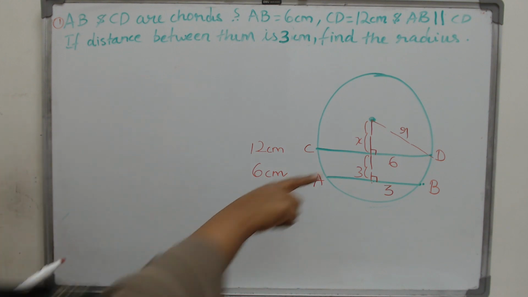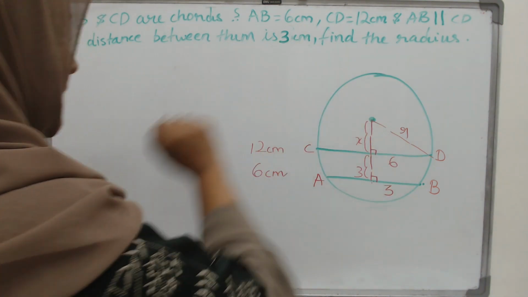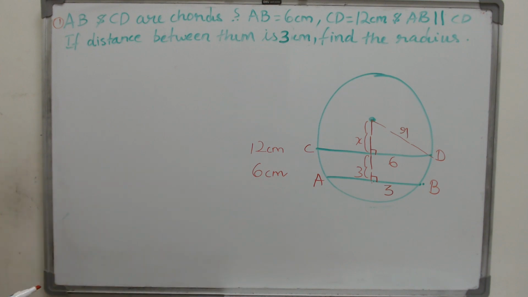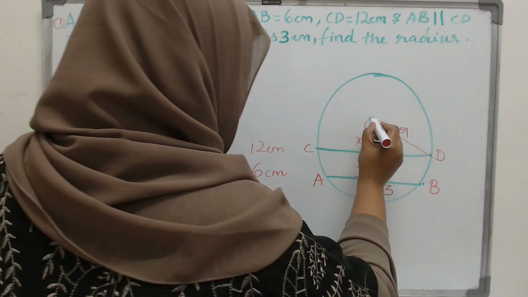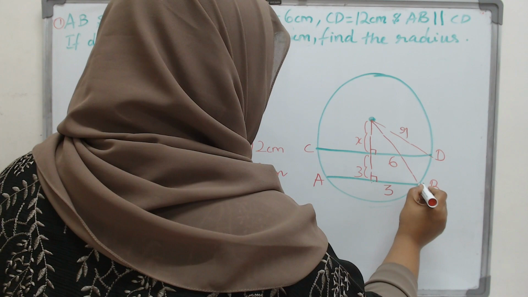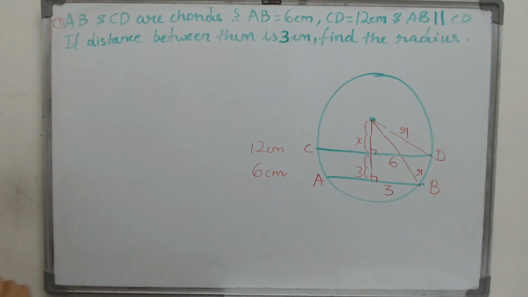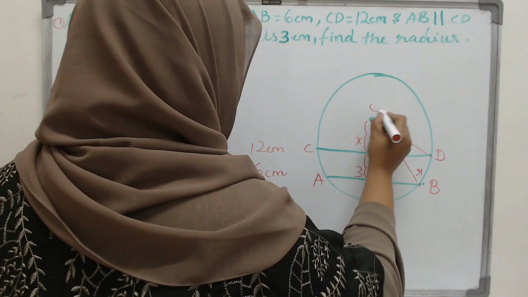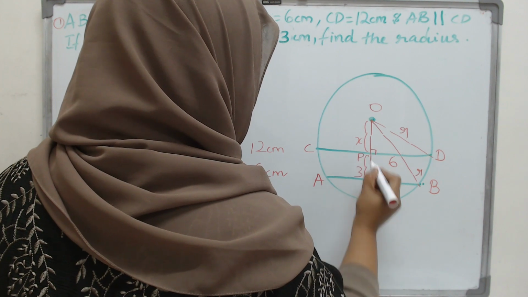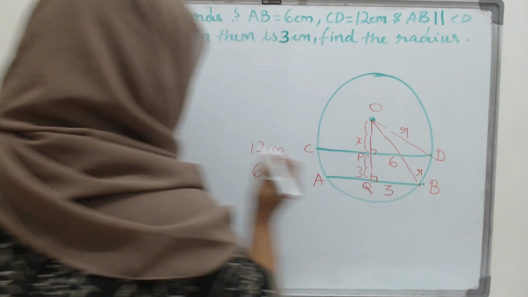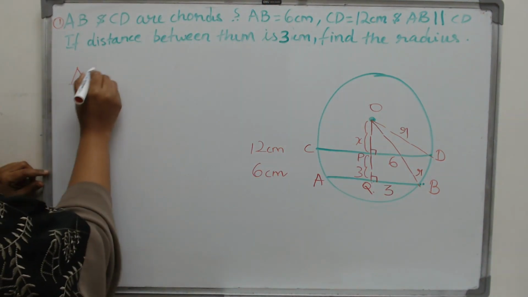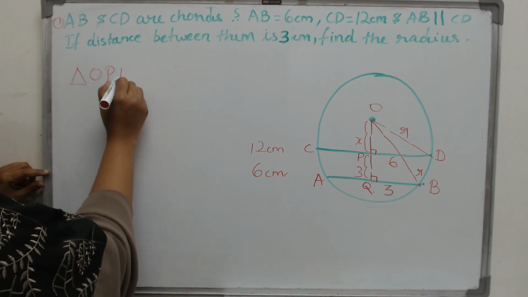So why don't we consider two different right angles? Then we will get two different equations, right? Consider this right angle and this right angle. There. Shall we start? Suppose the point where it meets, let it be P here and let it be Q here. Now consider the first triangle OPD.